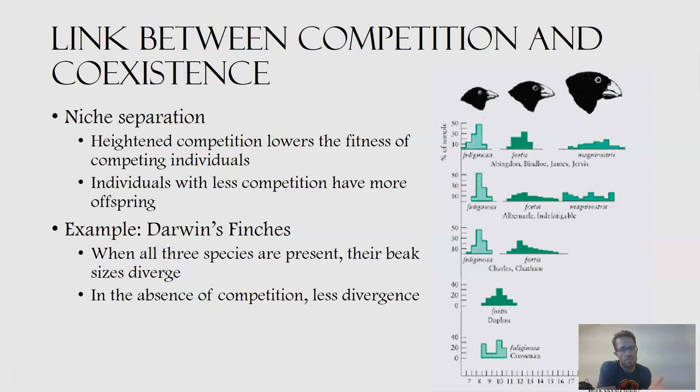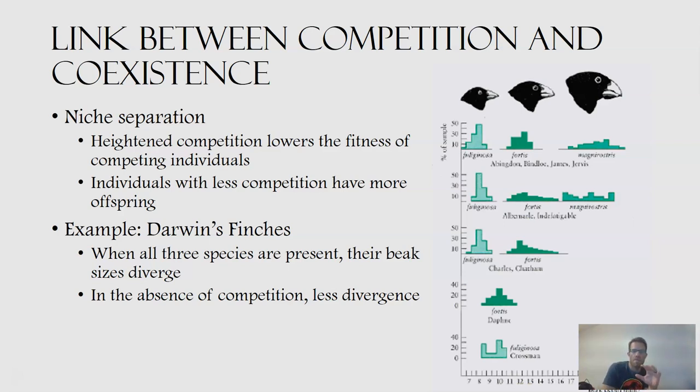The island at the top shows what happens to beak size. On the x-axis is the actual size of the beaks and the population distribution of that beak size. When all three birds co-occur on one island, those beak sizes are pretty different from each other, right? The big is way over here, the middle is there, and the small is way over there.